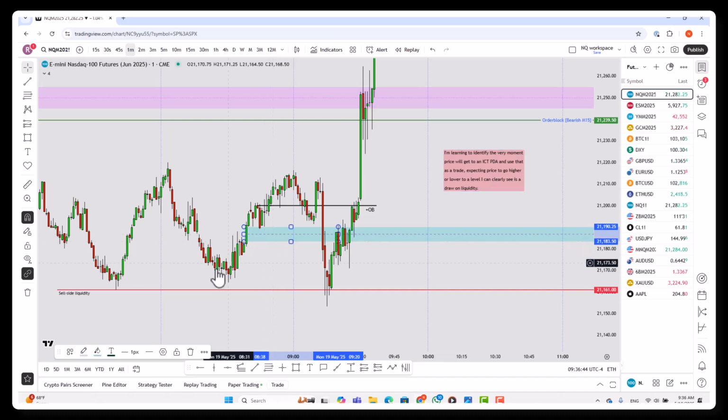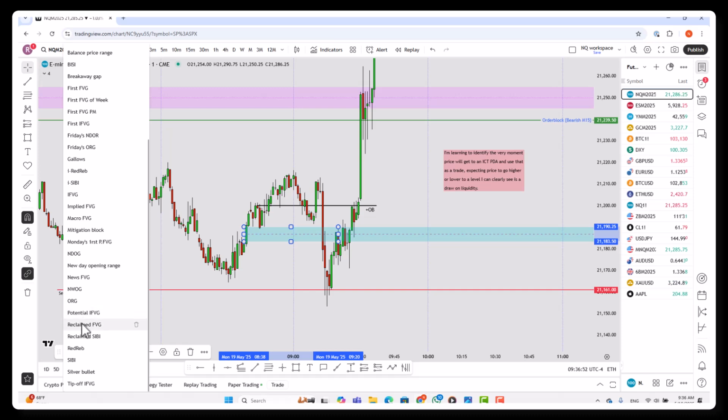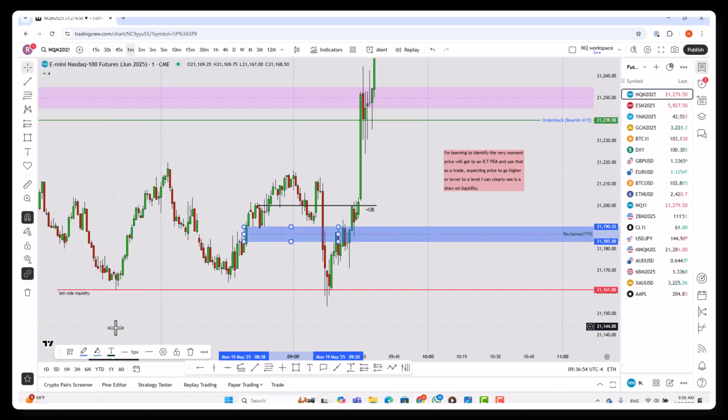So let's make it clear. Reclaimed FVG right there. So it's a reclaimed fair value gap. Buy here, hold for prices to rally.